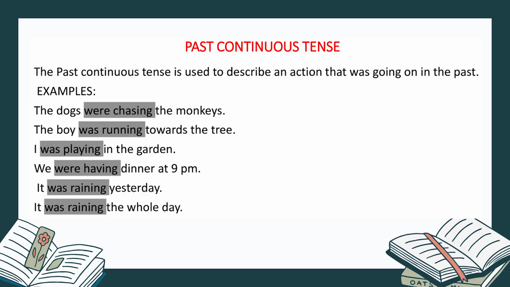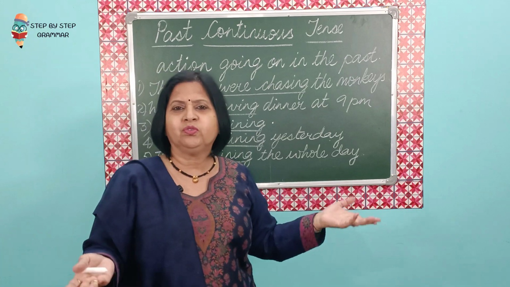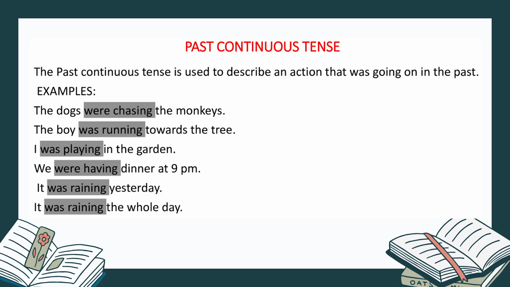Now, the next sentence, it was raining. Very indefinite, no time mentioned, nothing. Maybe I was just saying, yeah, it was raining. But next sentence, when I say it was raining yesterday, I'm specifically describing the action that was going on yesterday. So again, the period is yesterday.